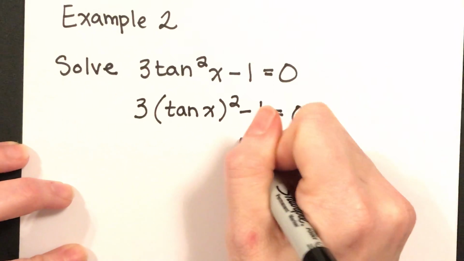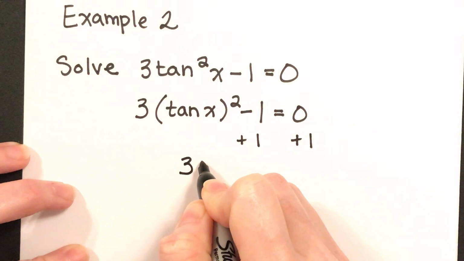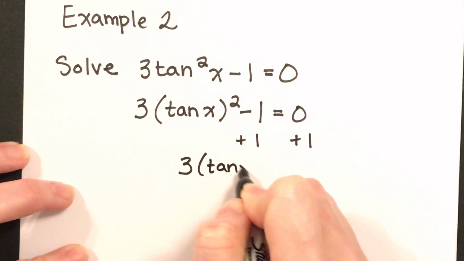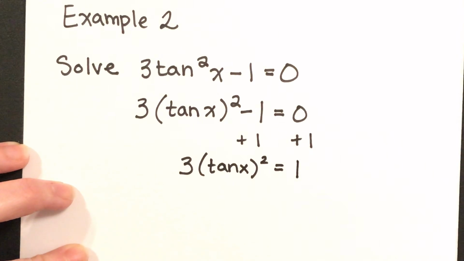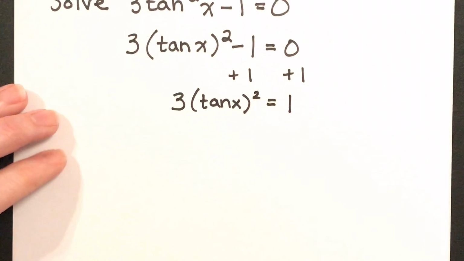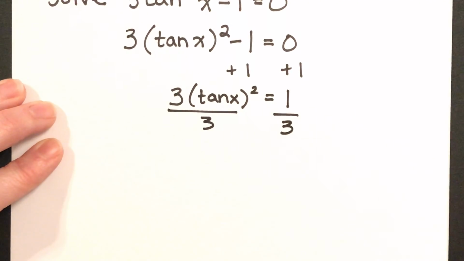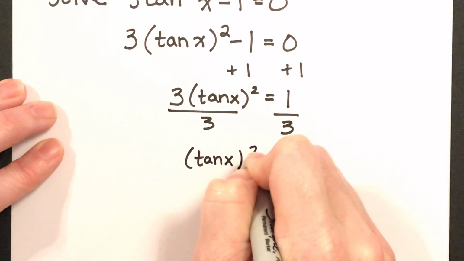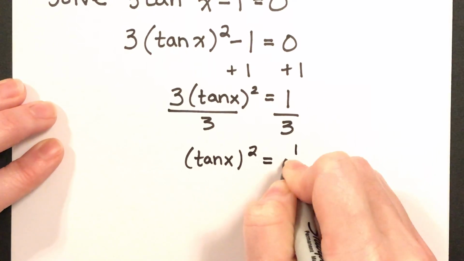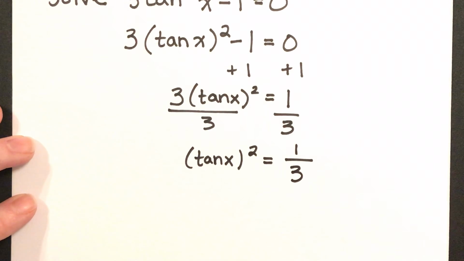So we start just by adding 1 to both sides. We get 3 tangent squared equals 1. Then we divide by 3. And we get tangent squared equals 1/3.